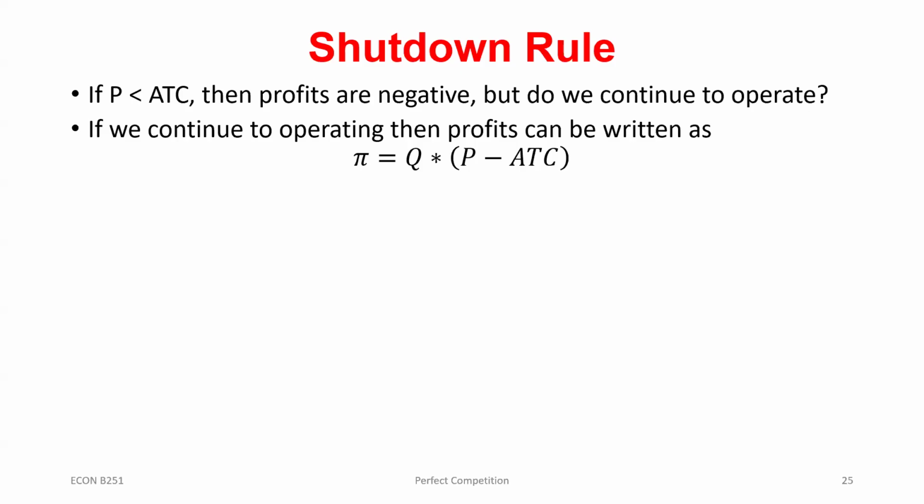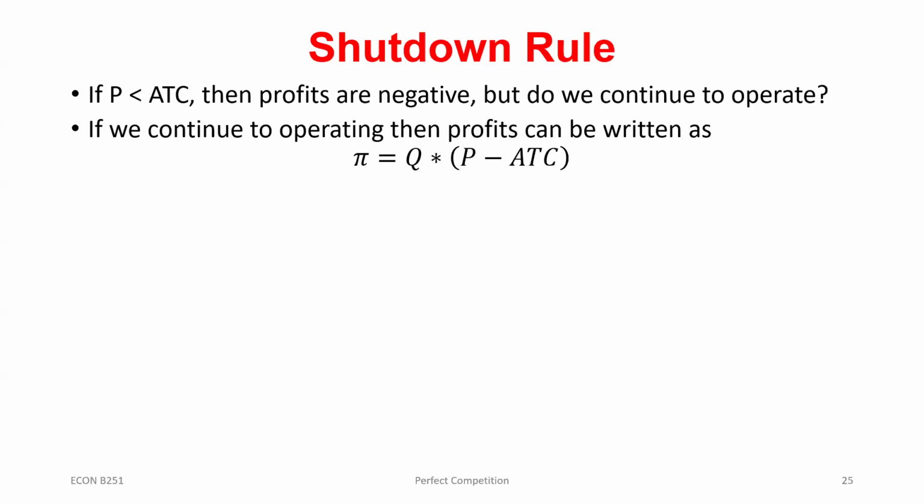So to put some numbers to this, to make a little bit more sense, let's say my fixed costs are $1,000. If I stay open, let's say the price is 20, average variable costs are 10. Well, if I shut down, my profits are just negative 1,000.